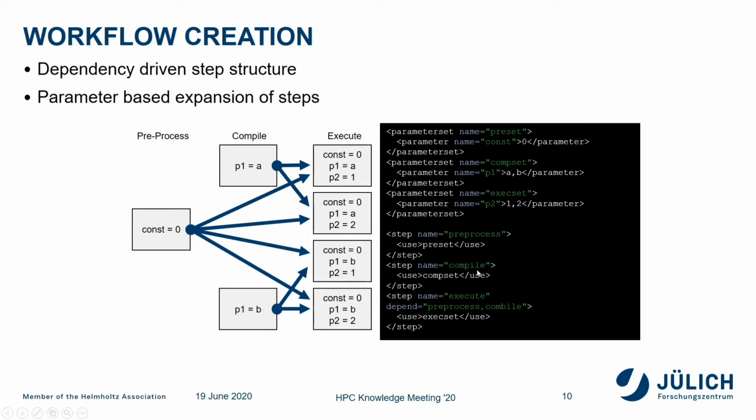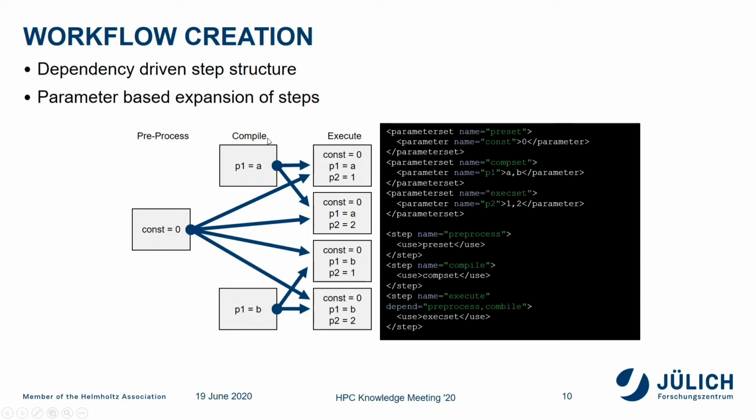For the compile step, where we use our compilation set which contains p1, it must be executed 2 times, for a and b. And finally, the execute step will be executed 4 times because it depends on compile and preprocess. So we need at least one combination for each of them.